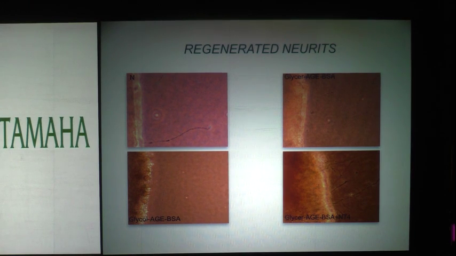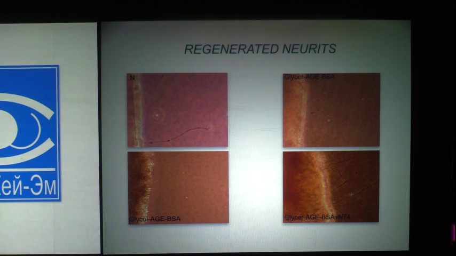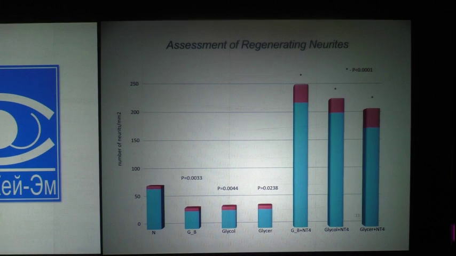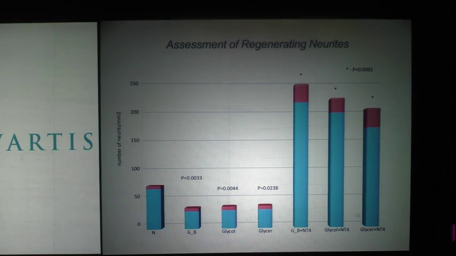And addition of neurotrophin 4 increased the number of regenerated neurites. So here you can see that the number of regenerated neurites under the high glucose condition is significantly reduced, and neurotrophin 4 increased the number of regenerated neurites more than 3 times, even compared to the normal group.